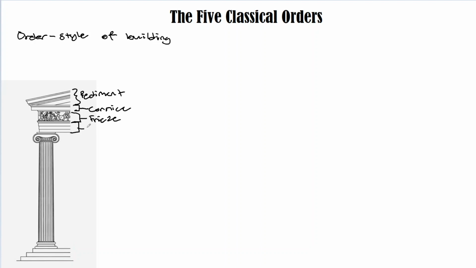Now here, this is called the architrave, and it's located below the frieze. These 3 portions of the structure, the cornice, frieze, and architrave, are collectively known as the entablature. And the entablature varies among the different orders, which we'll look into a little bit later in the video.